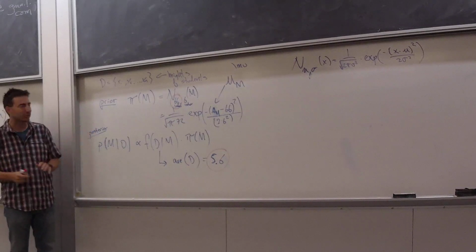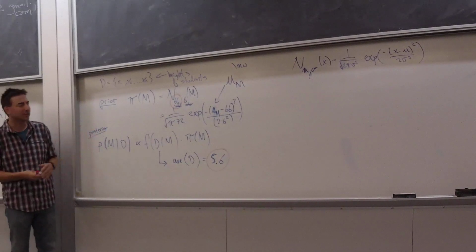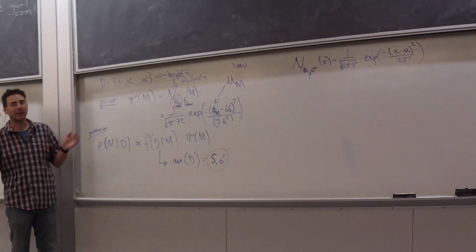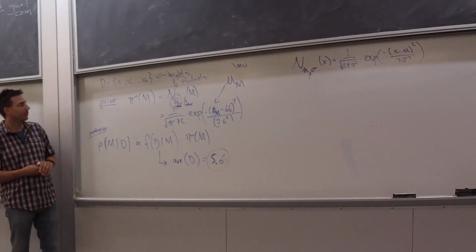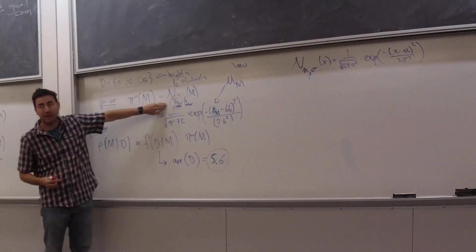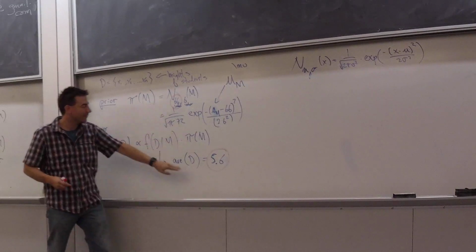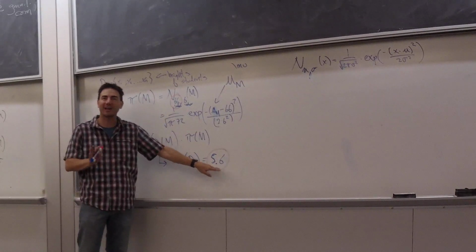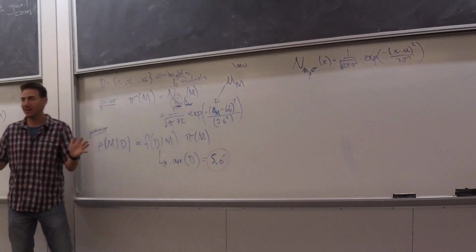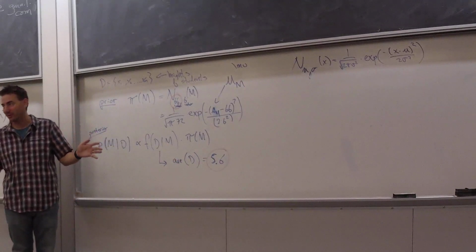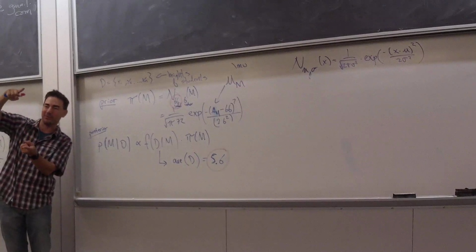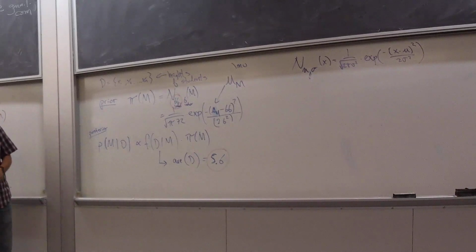Before you do any deep calculations, you should use it as a sanity check. The prior was 66 inches up here, but my data is actually 5.6. Average height is probably not 5.6 inches. You'd be this tall.